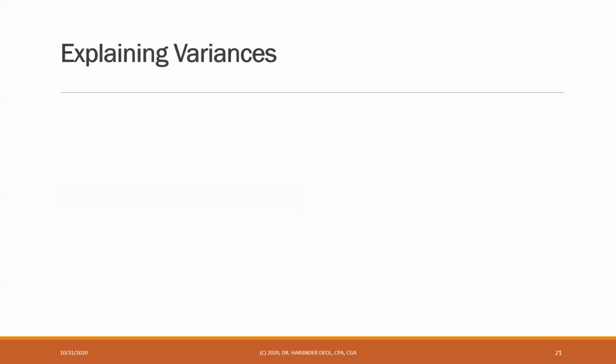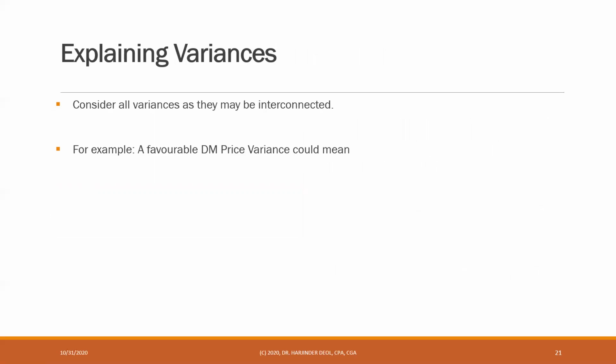Okay, so if we were to try to explain the variances, we should consider all variances because there could be interconnections between them. For example, if we have a favorable direct materials price variance, it could mean that we paid less for the materials than the standard cost. I mean, that is what the meaning is.